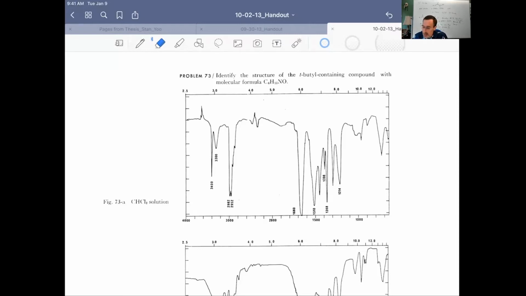So he gives us in this problem a compound that contains a tert-butyl group. It has a molecular formula of C6H13NO, and he asks us to identify the compound.